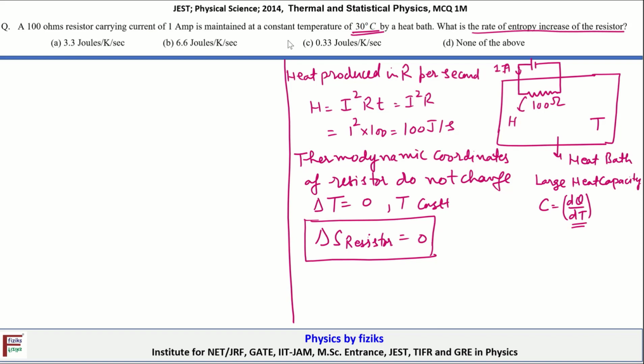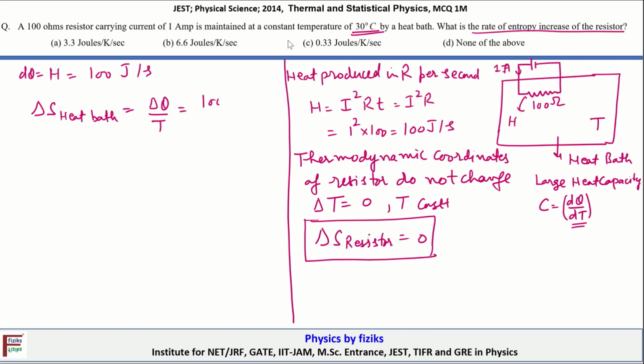But now the question is, where is that energy going, the heat produced within the resistor, because that is shared with the reservoir. So the reservoir is acquiring heat every 1 second, which is dQ equal to H, that is equal to 100 joule per second. But because the reservoir is acquiring heat at constant temperature, the entropy change for the reservoir or heat bath will be delta Q divided by the temperature at which it is doing so.